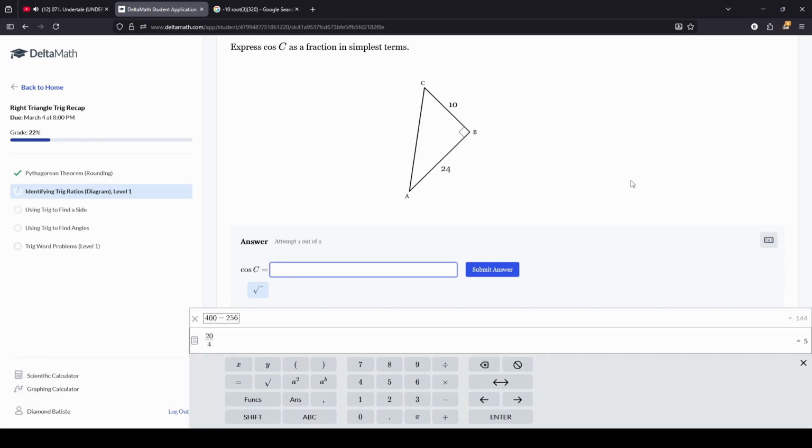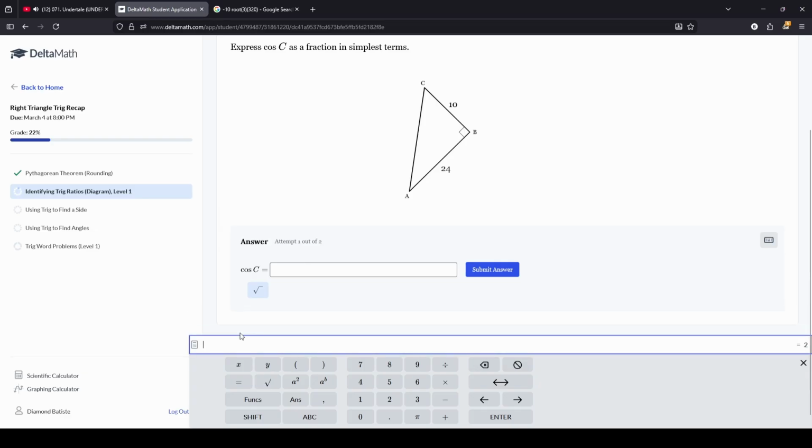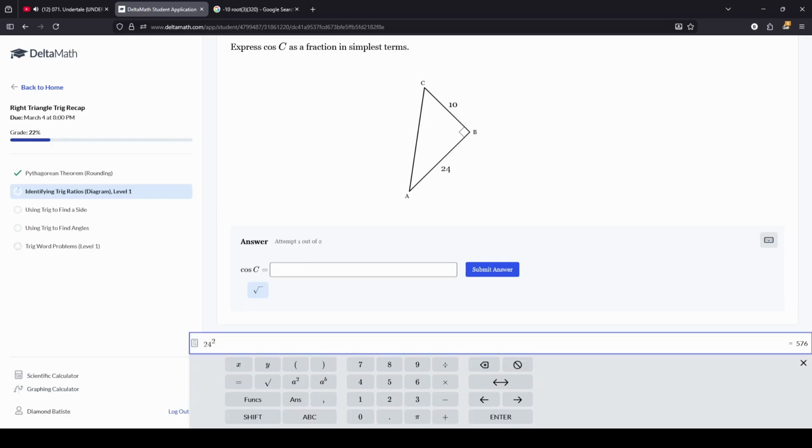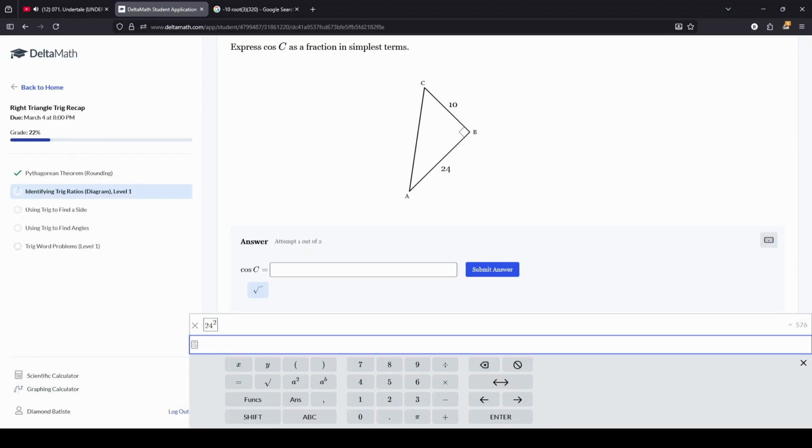Cosine! Cos at C, which is to the right, and cosine at the right is left and right. Okay, so we need to get the hypotenuse. Alright, alright. Let's do 24 exponent 2, which is 576. 100 plus 576 equals 676.